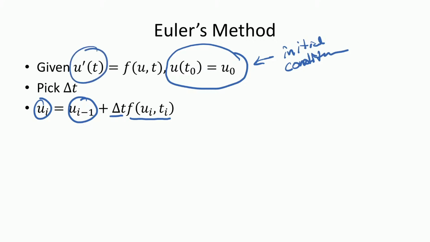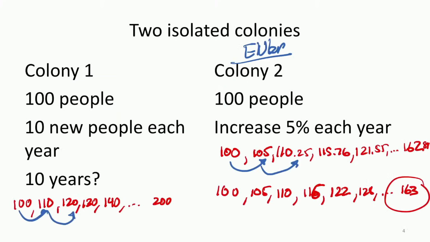So the differential equation is how much increase to expect, and then this delta t is how much into the future you're going to go. Back here we were counting by years, weren't we, with the colonies? So we did each year, but we could have gone by half years, doing 6 months at a time, in which case this wouldn't be very exciting. You'd have 100, then 105, then 110, etc. This one would be a little bit more interesting.